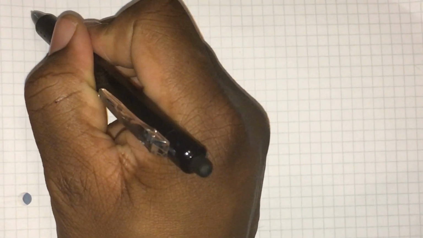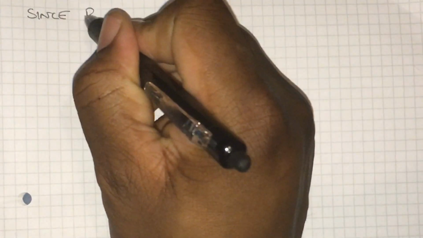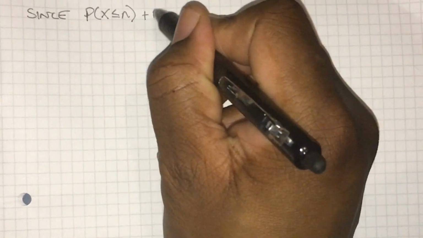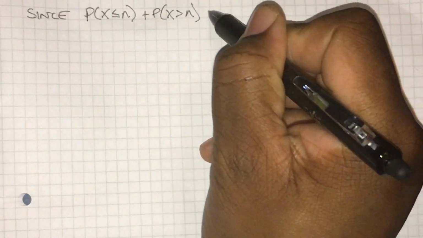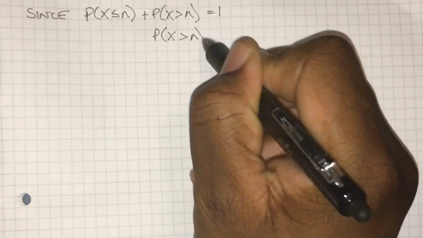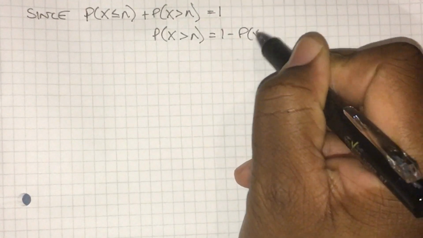Okay, so from here we should be able to deduce a few more facts. Let's start with the fact that since probabilities are exhaustive, the probability that X is less than or equal to n plus the probability that X is greater than n should equal 1. We'll do some rearranging and make greater than n the subject.